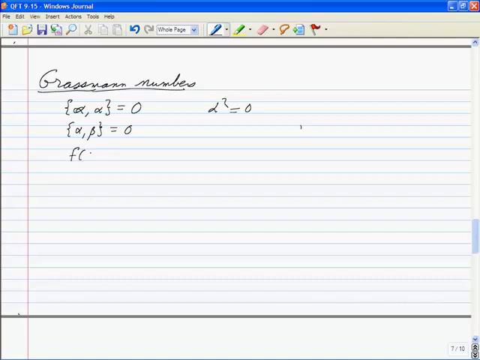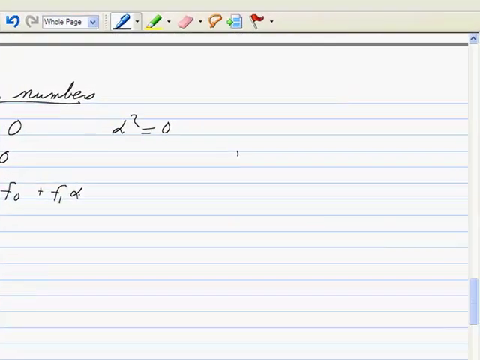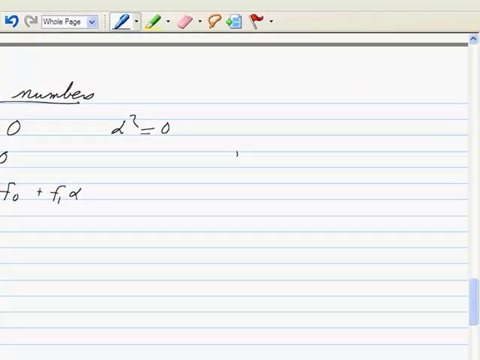If I have some function of an anticommuting number, it can only have two terms. If I imagine Taylor expanding it, f1 of alpha, any alpha squared piece vanishes.